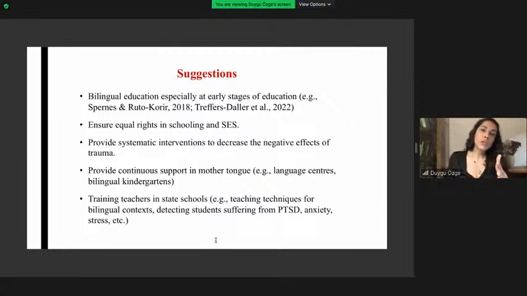So we could provide systematic interventions to address their trauma. We should provide support in their mother tongue. And of course, if we could train teachers in state schools to be vigilant about their symptoms of anxiety or PTSD or the difficulties they're having with respect to the language, this would be a great support for refugee children.